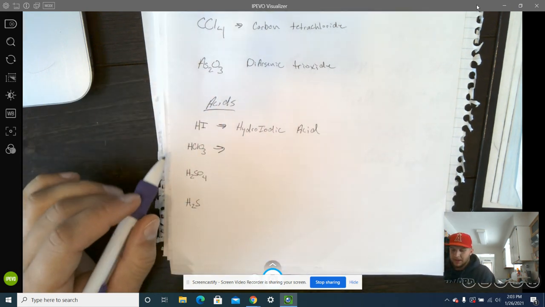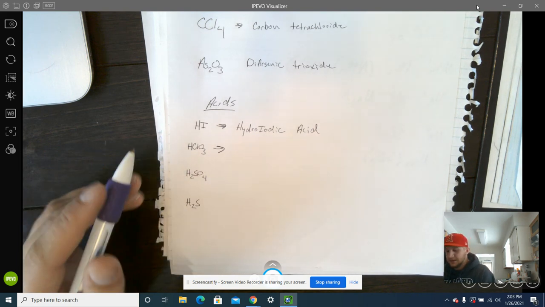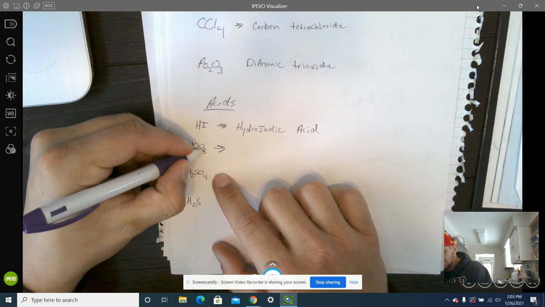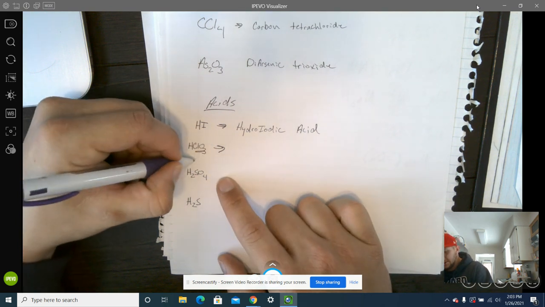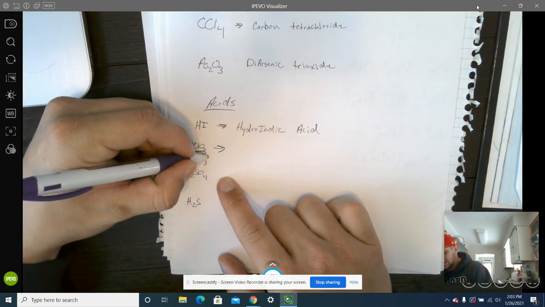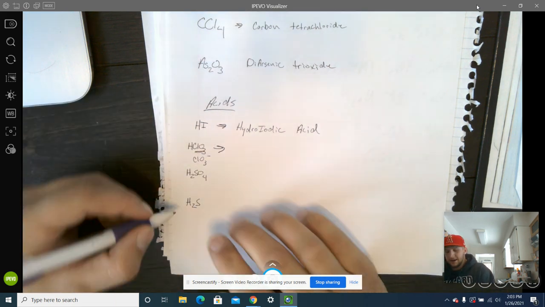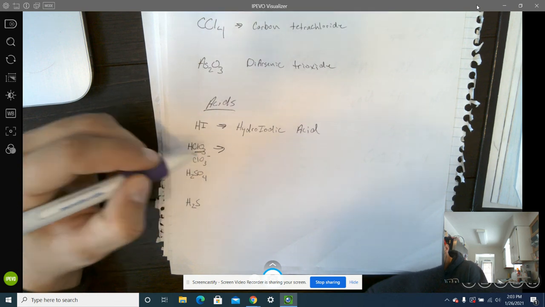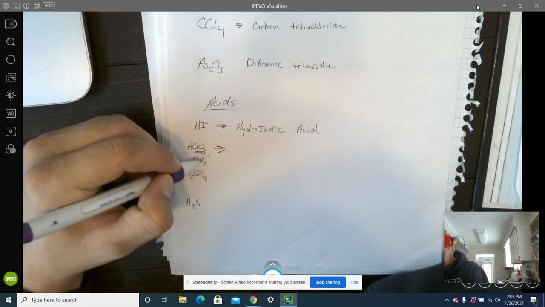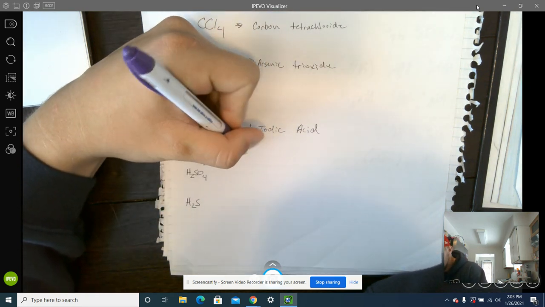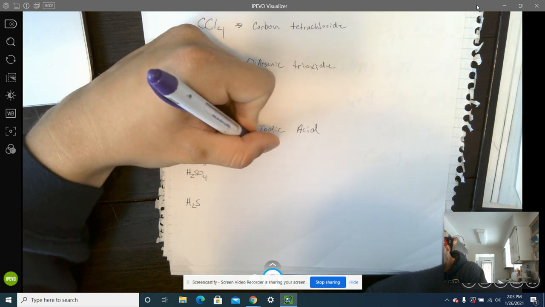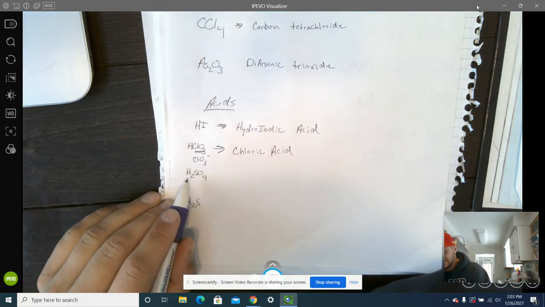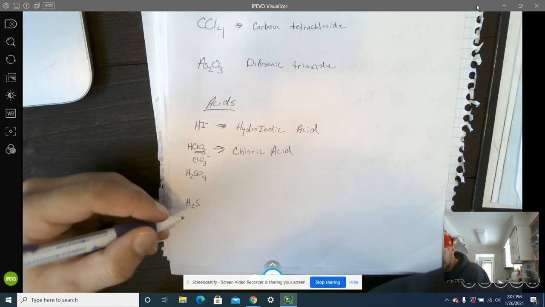Next one, you see this is going to be an oxyanion or an oxyacid because you should pick up right away the inclusion of that chlorate ion, okay? So here, remember, if it has an ATE ending with this chlorate, all we have to do is say this is chloric acid. Okay, next one, another oxyanion.